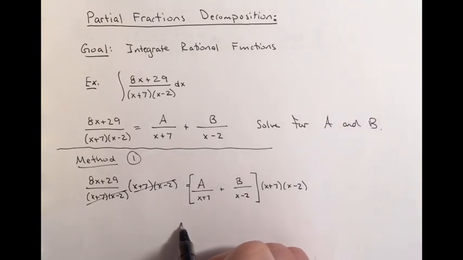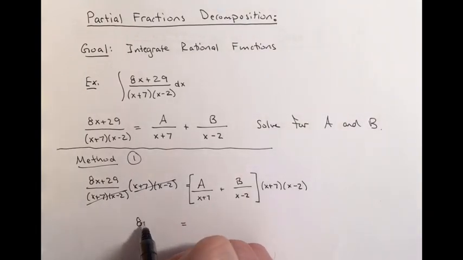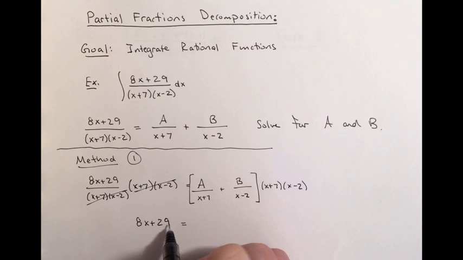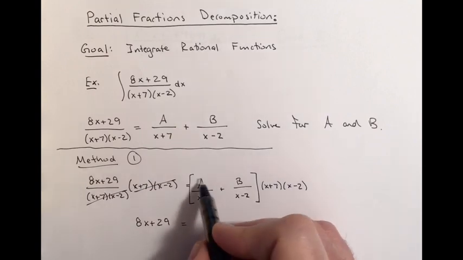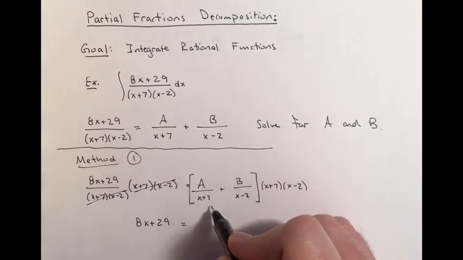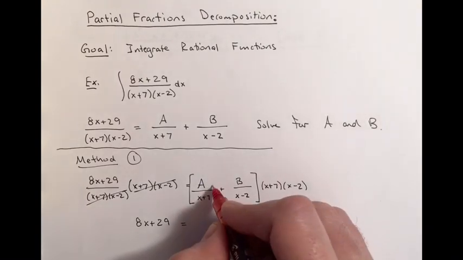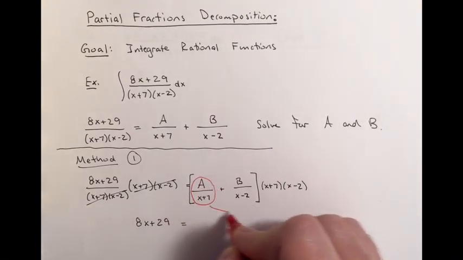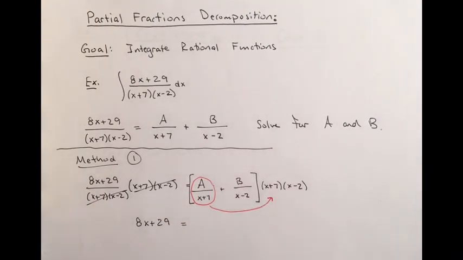On the left, we end up with just that numerator, 8x plus 29, and on the right, we take this first term, a over x plus 7, and we distribute it. It gets multiplied on both of these. In this case, the x plus 7's cancel out, and you end up with just a times x minus 2.